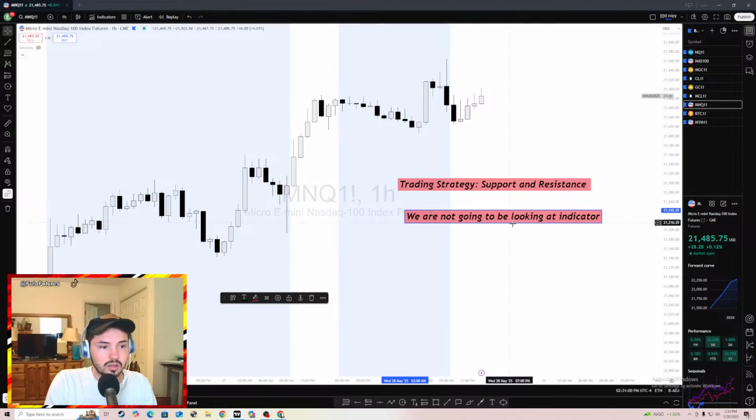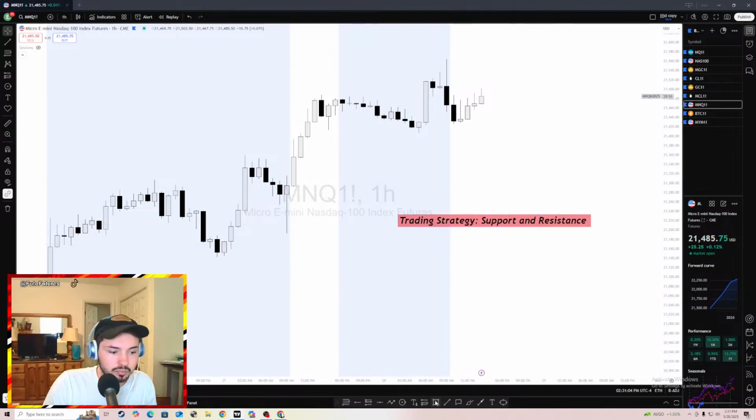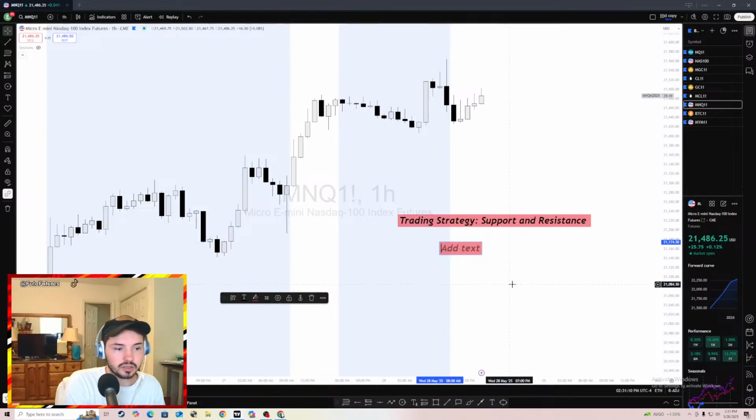Let's connect the things that would be the most reasonable. If we're looking at this trading strategy particularly, maybe we want to look at the flow of the market.